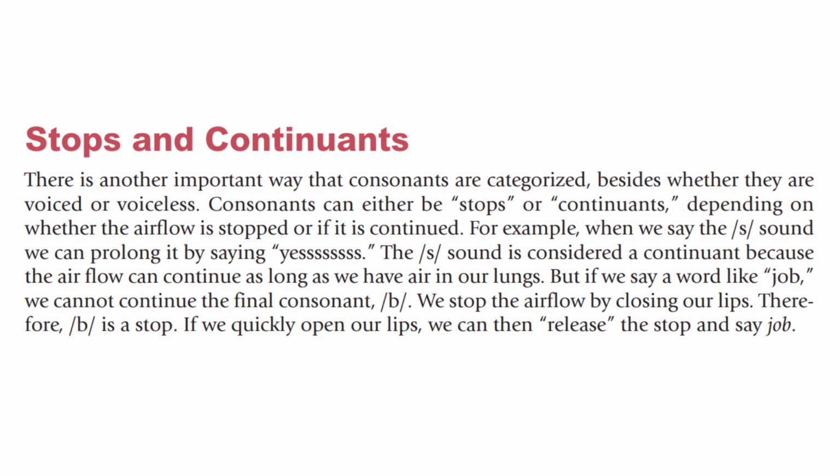The S sound is considered a continuant because the airflow can continue as long as we have air in our lungs. But if we say the word job, we cannot continue the final B sound. We stop the airflow by closing our lips. Therefore, B is a stop. If we quickly open our lips, we can then release the stop and say job.